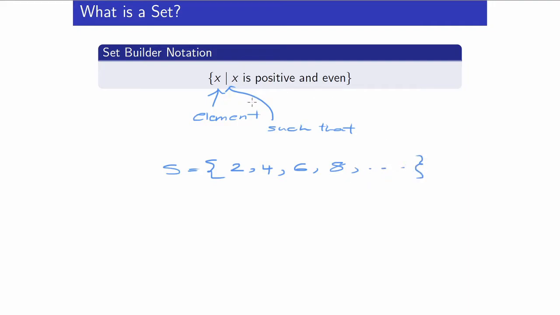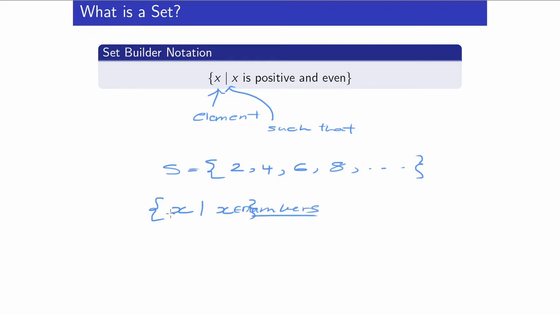So if we were to go back to the slide from earlier, where we were talking about all the numbers, using set builder notation it would be x such that x is an element of numbers. I'll write that like that, too lazy to erase it.